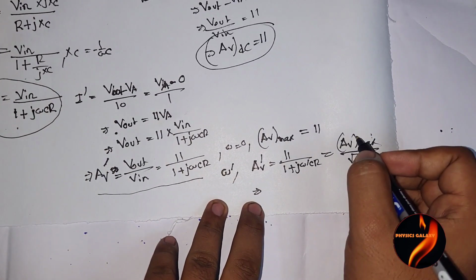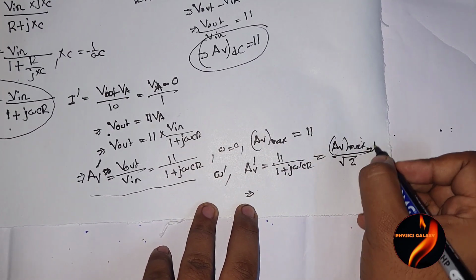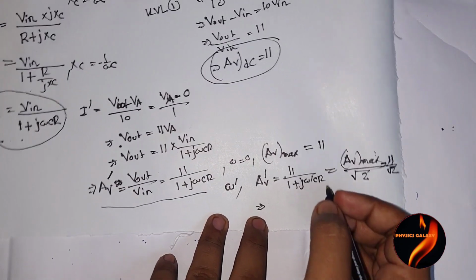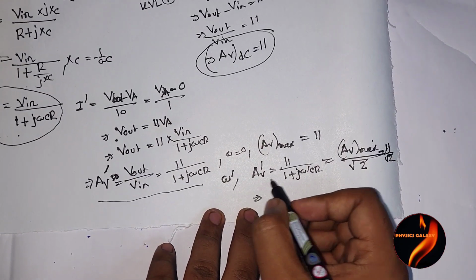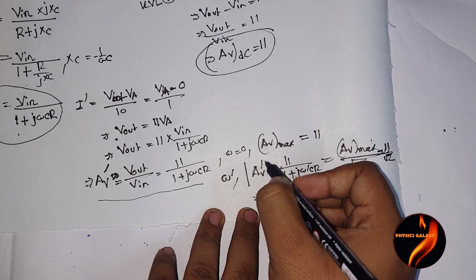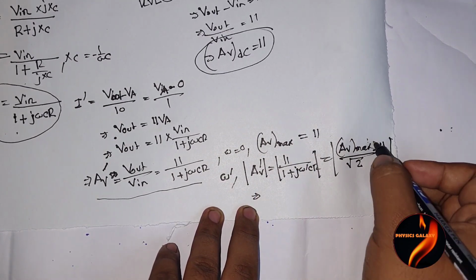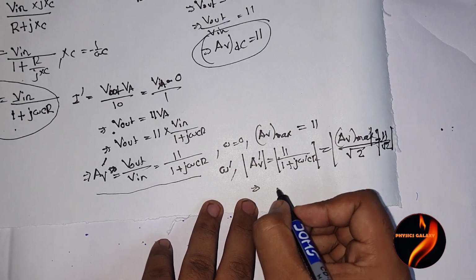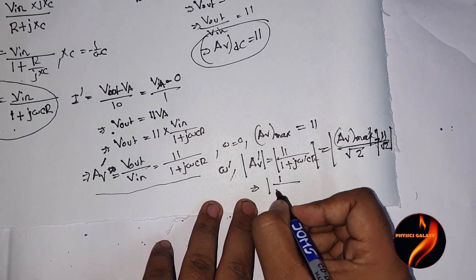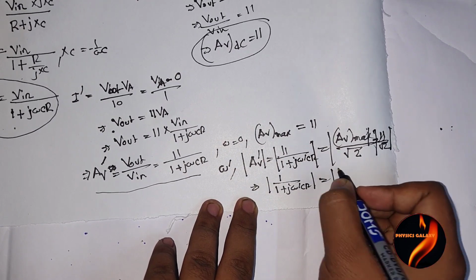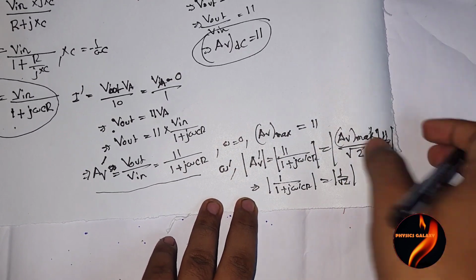So we have found out that AV max is nothing but 11. So this will be equal to 11 by root 2. If we simplify, we have to take the mod value for the voltage gain. So 1 divided by 1 plus j omega prime CR is equal to 1 divided by 1 by root 2.